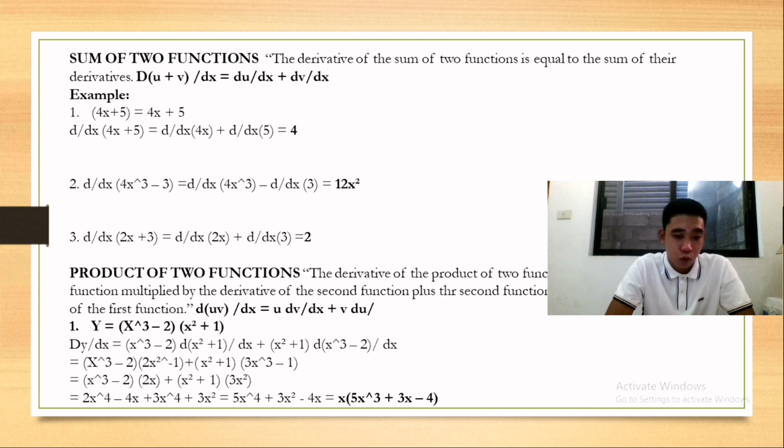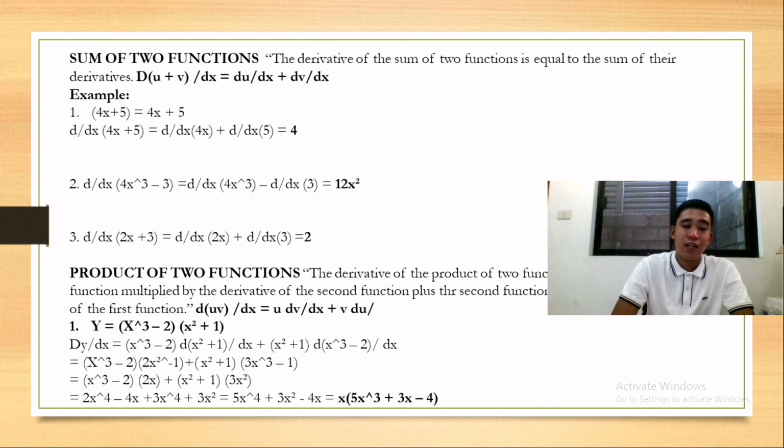y equals (x cubed minus 2)(x squared plus 1). dy/dx equals (x cubed minus 2) d(x squared plus 1)/dx plus (x squared plus 1) d(x cubed minus 2)/dx. (x cubed minus 2)(2x) plus (x squared plus 1)(3x squared), which gives 2x to the 4 minus 4x plus 3x to the 4 plus 3x squared, equals 5x to the 4 plus 3x squared minus 4x.